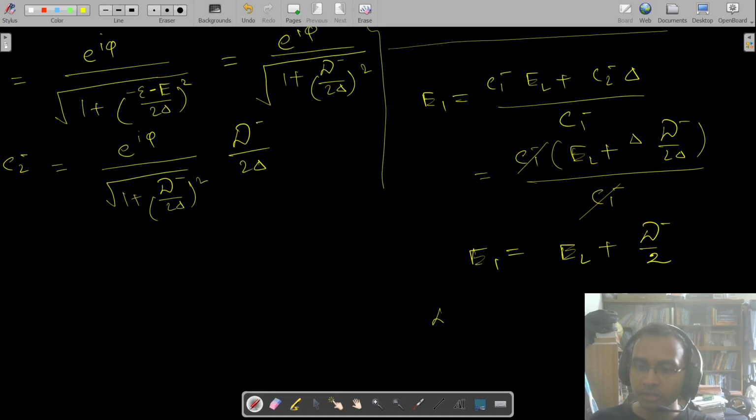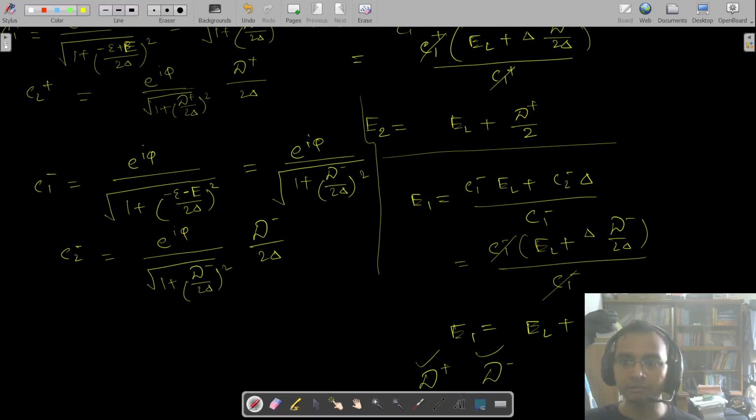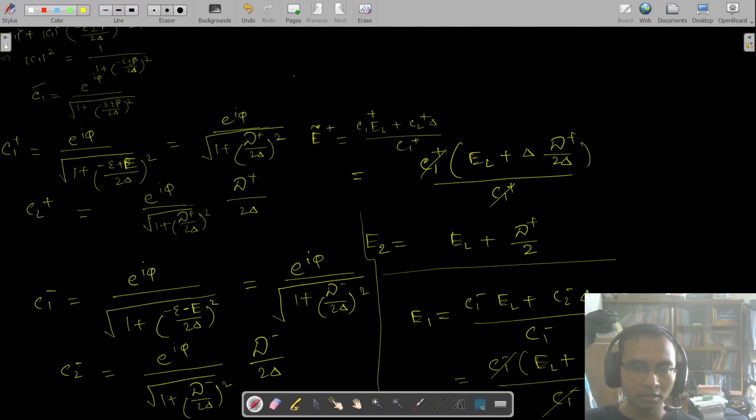So notice this D plus and D minus both are known. Both are known in terms of, so I have to go up. This epsilon is given, and this curly D is a function of epsilon and E. Epsilon is given.